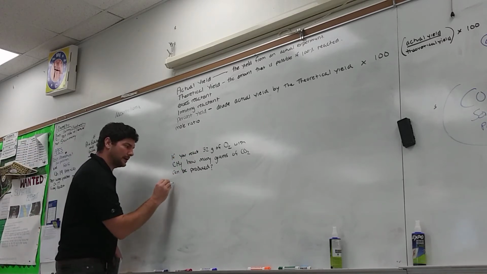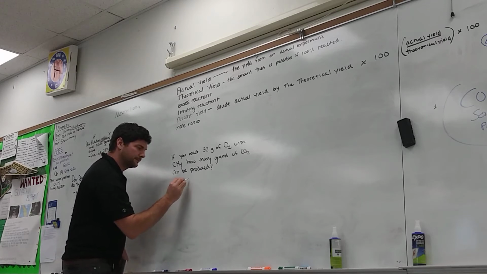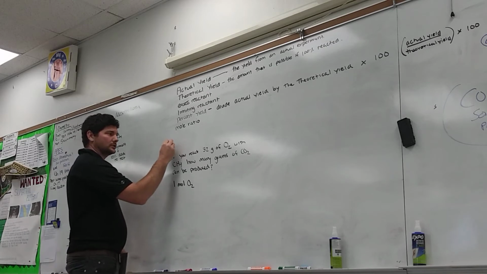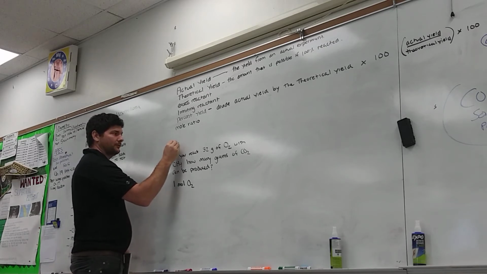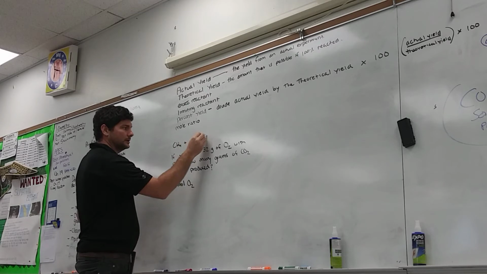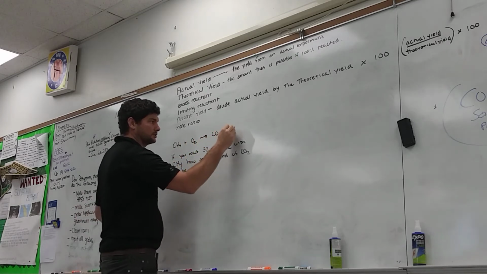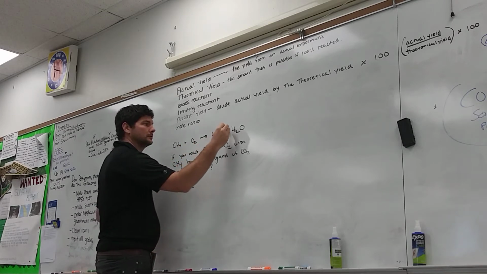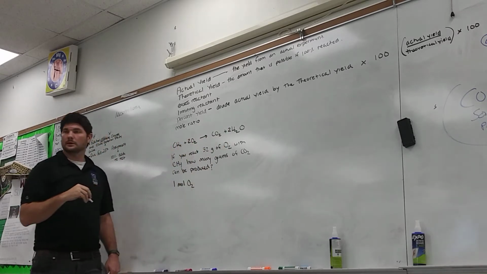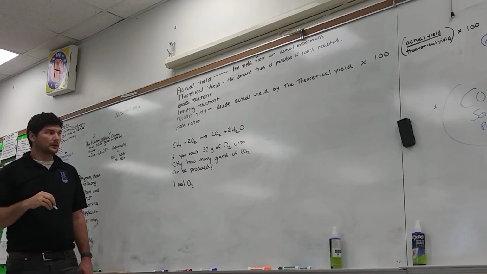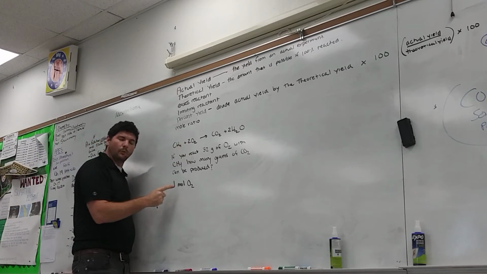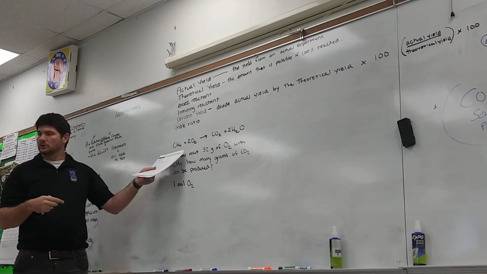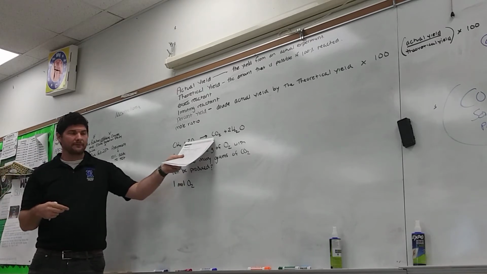So I would have 1 mole of O2. In the balanced chemical equation, CH4 plus O2 yields CO2 plus H2O, I would know that I need 2 of these and 2 of those. So if I need 2 moles of O2 but I only have 1 mole, doesn't that mean I only have half of that amount? So shouldn't I only produce half of the product amount?